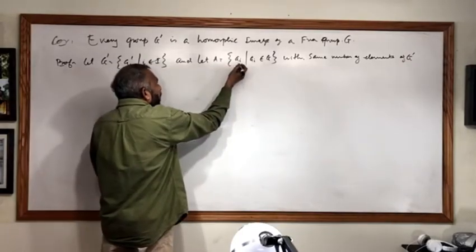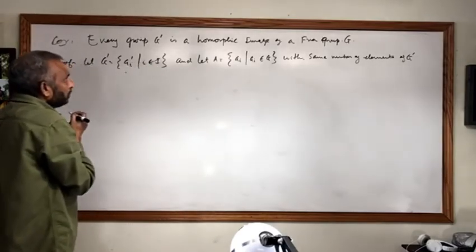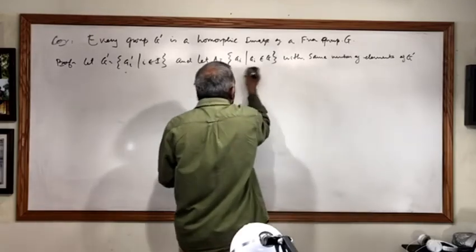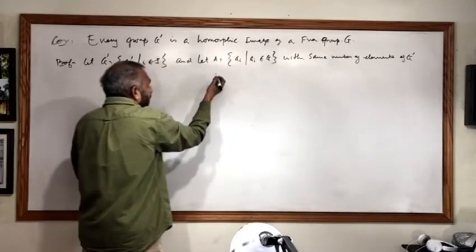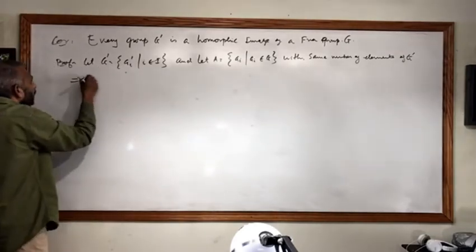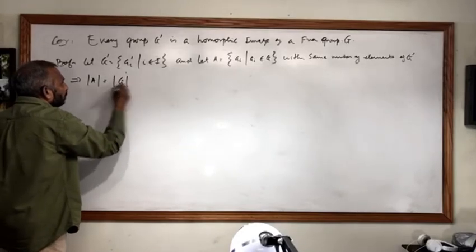Meaning a_i could be repeated, okay? This is a group and this could be repeating, not necessarily distinct. This implies the cardinality of A is equal to the order of G prime.